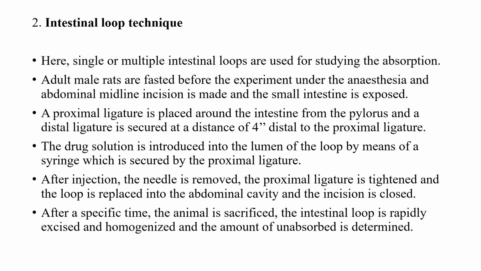A proximal ligature is placed around the intestine from the pylorus, and then a distal ligature is secured at a distance of 4 cm distal to the proximal ligature, and then the drug solution is introduced into the lumen of the loop by means of a syringe, which is secured by the proximal ligature. After the injection, the needle is removed, the proximal ligature is tightened, the loop is replaced into the abdominal cavity, and the incision is closed.